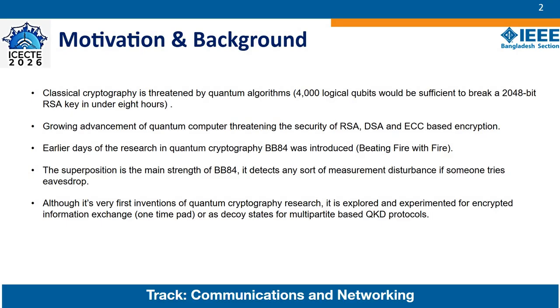That means if someone in the middle tries to measure in the wrong basis, the participants, which is sender and receiver, will be alerted. Even today, BB84 remains highly relevant, not only for secure key exchange, but also as a decoy state mechanism in multipartite QKD protocols.